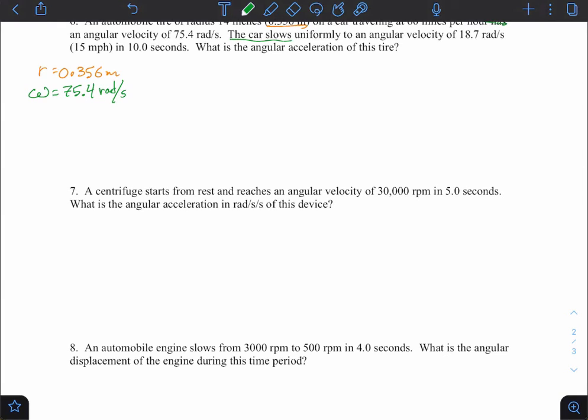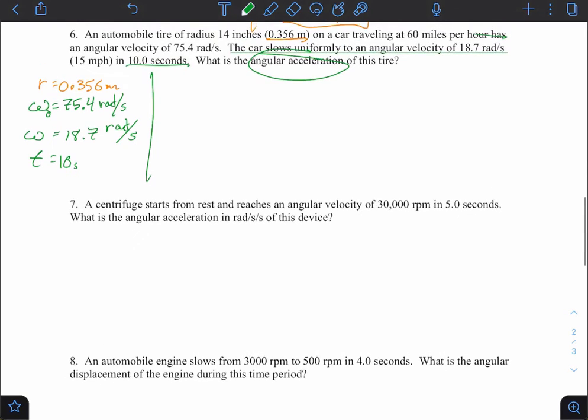And it slows down, so there is an acceleration to a final velocity. This was our initial velocity. This is our final velocity, 18.7 radians per second. And we were given time. Time equals 10 seconds. And they want us to find acceleration. I don't think we know theta, which rules out the second equation because we would have two unknowns.